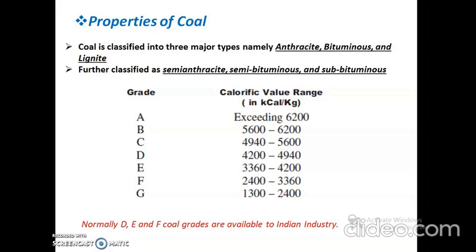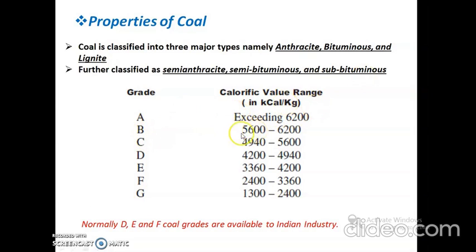Further it is classified as semi-anthracite, semi-bituminous, and sub-bituminous. And in India, we divide this into grades A, B, C, D, E, F, G.